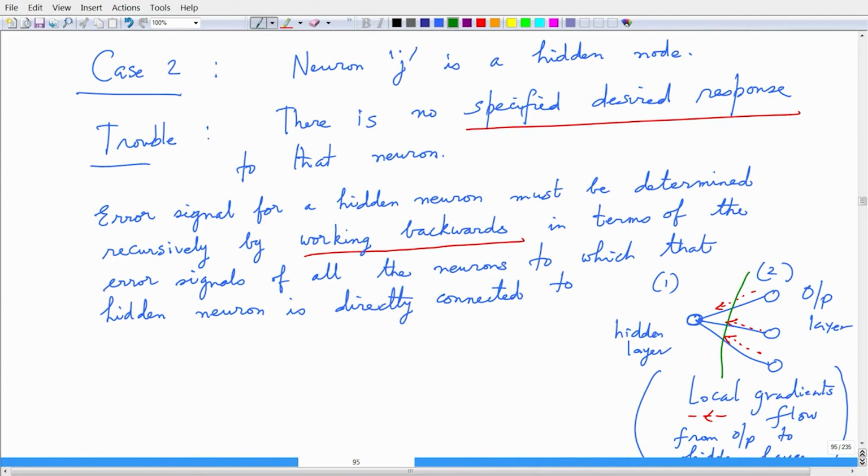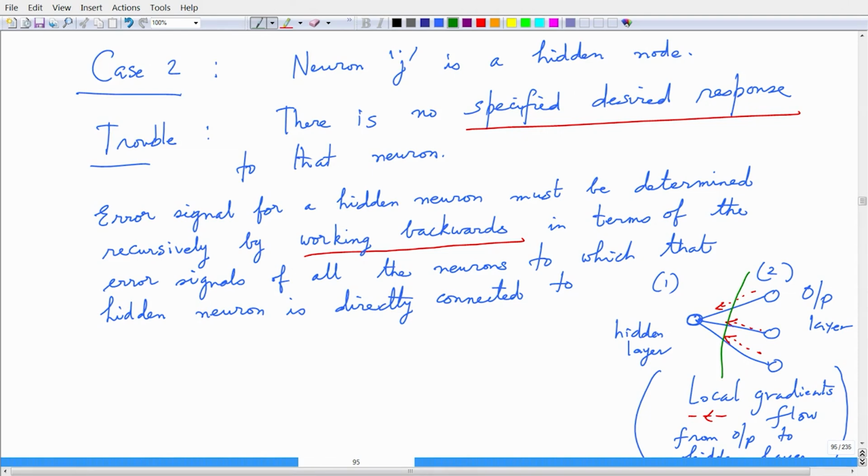This is quite opposite to how the computation was done in the forward pass, where for a neuron in the output layer, you sum all the inputs or the functional signals from the hidden layer scaled by the weights. Quite opposite to that, here the local gradients of the errors are scaled by the synaptic weights and summed when you think about the neuron in the hidden layer, and this is very important.